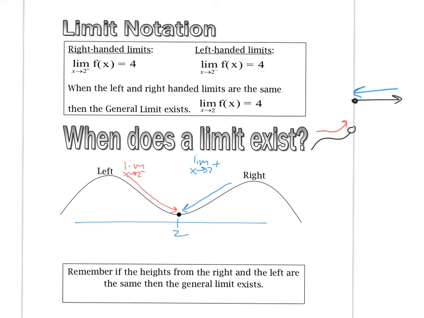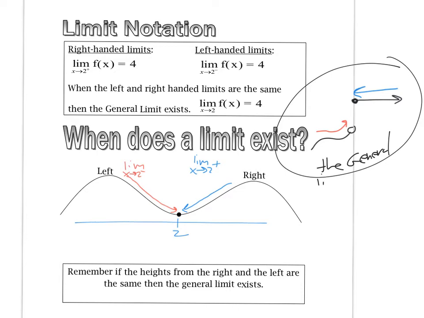The right hand and the left hand are not the same. So if the heights from the right and left are the same, then the general limit exists. So in this situation it exists. In this situation, the general limit does not exist. And so we're going to play with that a little bit more. Let's go on to the next page.